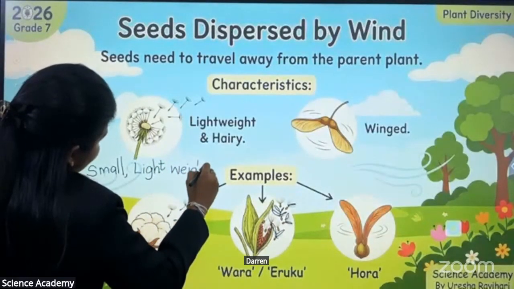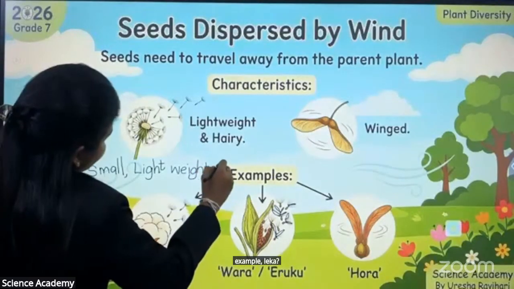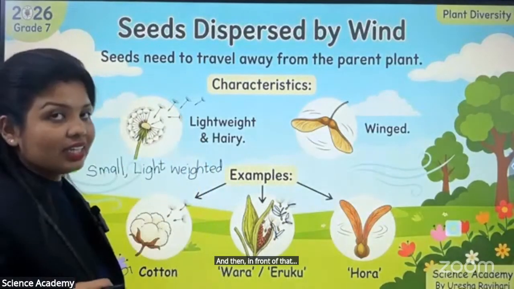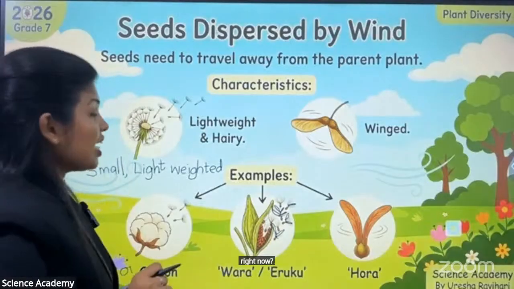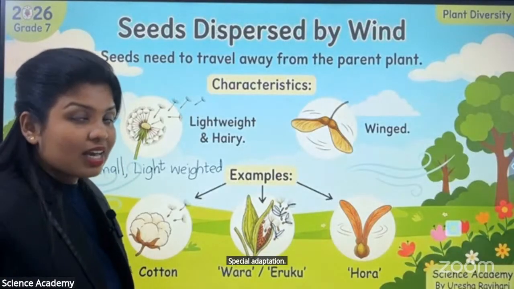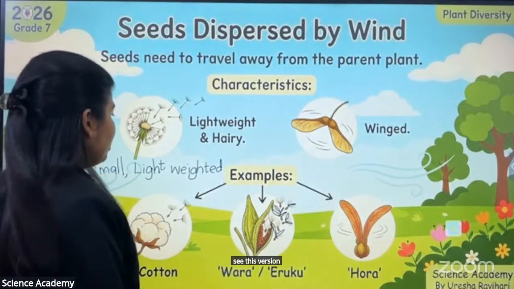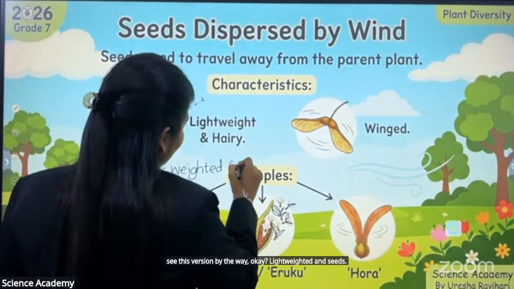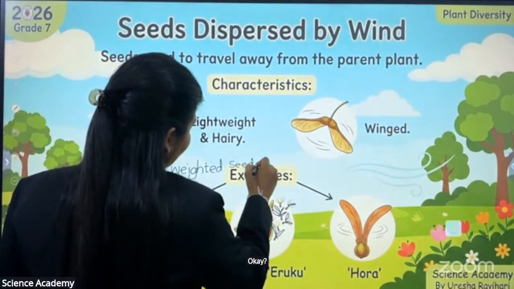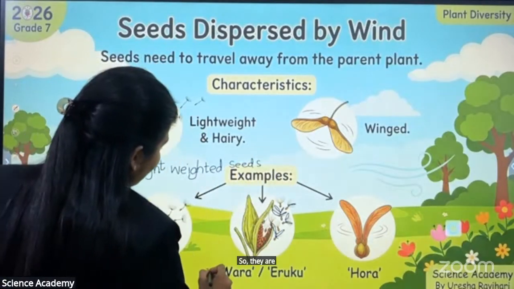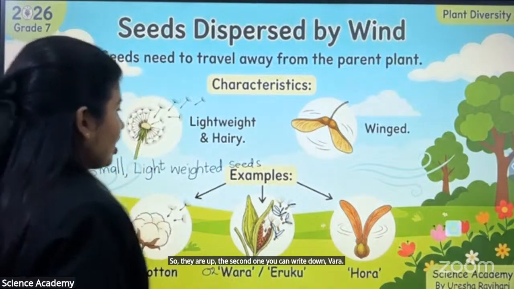Write down the example, and then in front of that, write down special adaptation. Special adaptation for seed dispersion by the wind. Okay, light-weighted seeds.